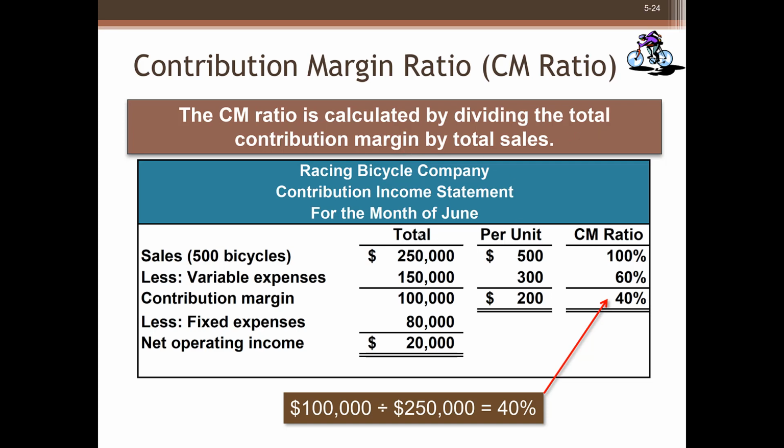In the total column, we have a contribution margin total of 100,000 and total sales of 250,000. 100,000 divided by 250,000 gives 40%. This is the contribution margin ratio.